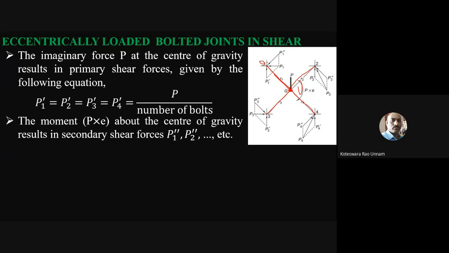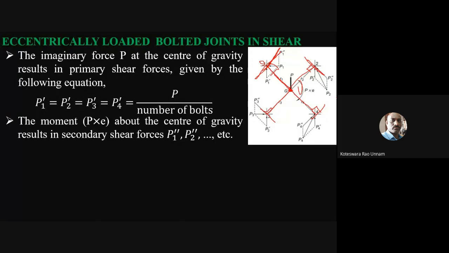I'll assume that a secondary shear force will act on each bolt in a direction perpendicular to its line from G. That means this angle is 90 degrees, this is 90, this is 90, and this is also 90.